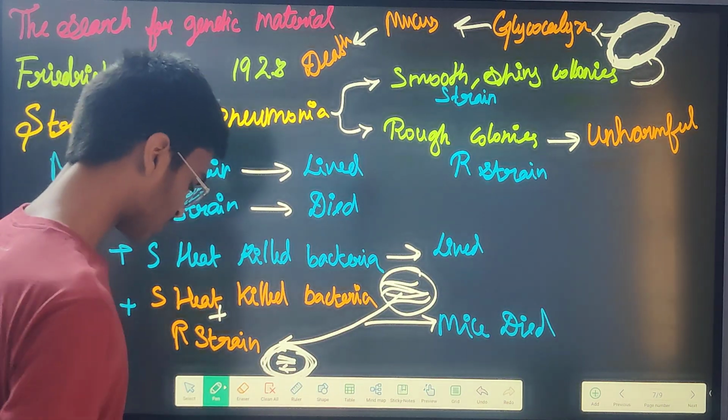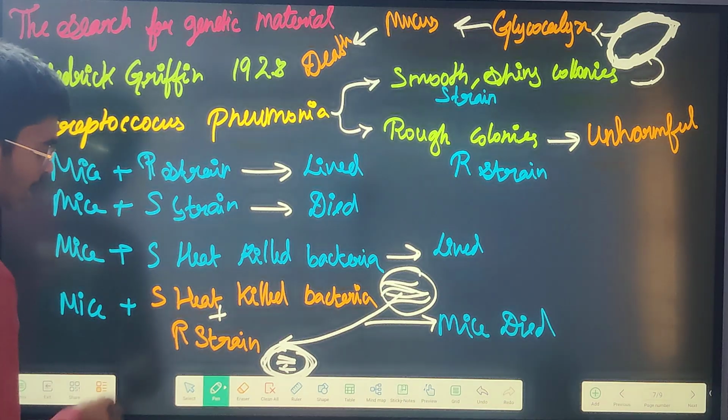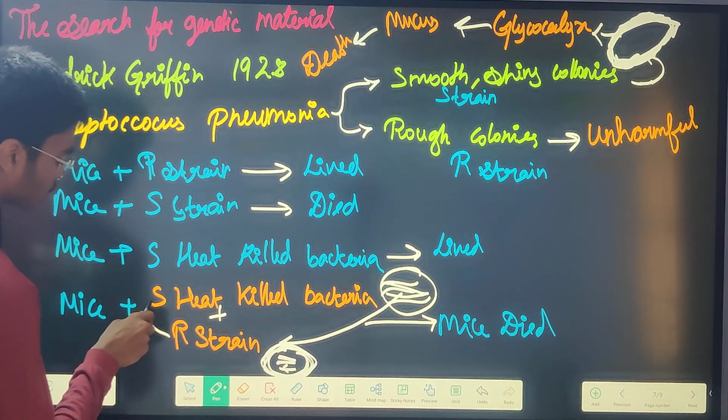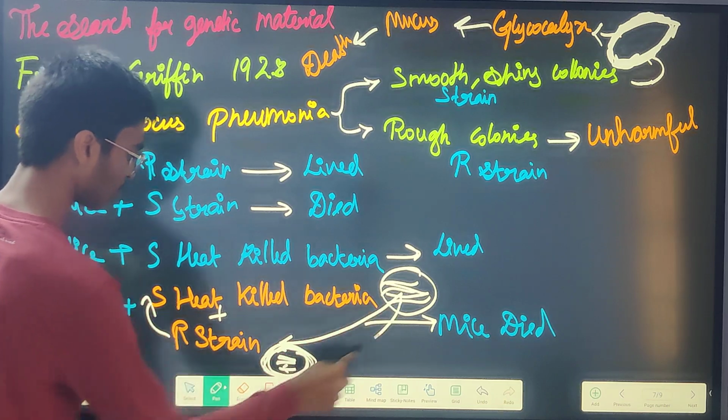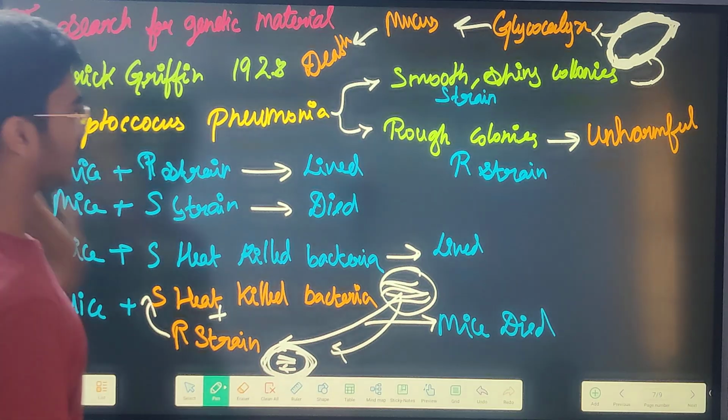Unfortunately, the mice passed away. Now you can say that R strain bacteria had got transformed into S strain bacteria because the genetic material from the S strain bacteria had been transferred to the R strain bacteria.